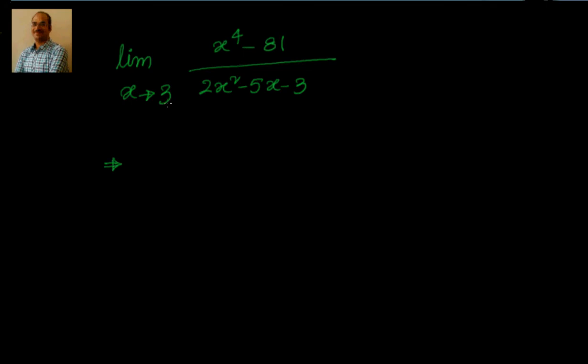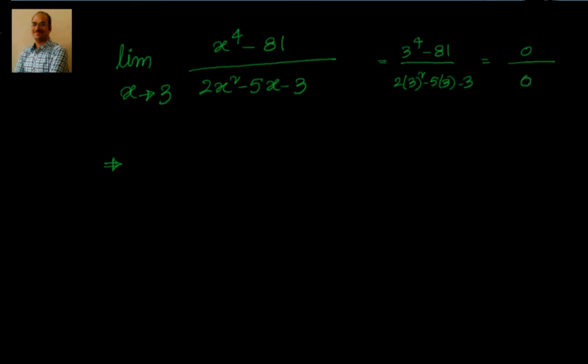Now first let's substitute for 3 and see. I have 3 power 4 minus 81 divided by 2 into 3 square minus 5 into 3 minus 3. 81 minus 81 is 0 and 18 minus 3, 15 minus 15 is 0.